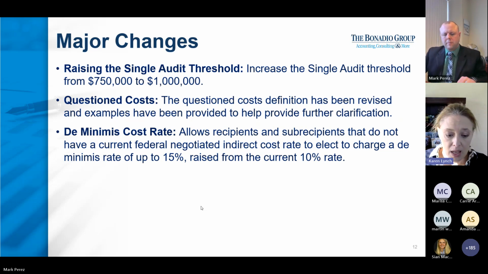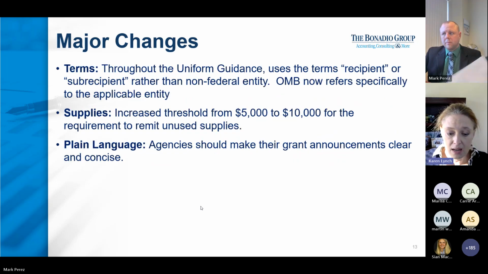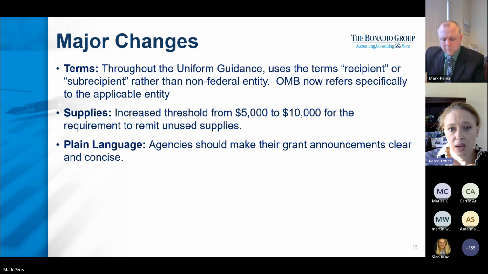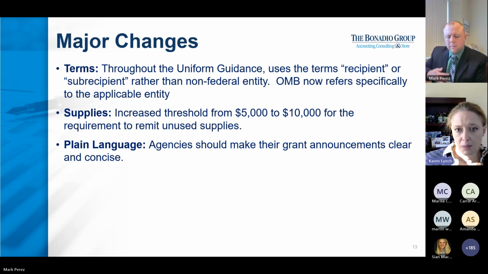And then looking at some terms, again, clarifying between a recipient or a subrecipient. They used to be called a non-federal entity. That was a little confusing, and now it specifically refers to the applicable entity, whether you're the recipient or the subrecipient, subject to the various requirements within the uniform guidance. You'll see this a couple times throughout the presentation. We say here supplies increase the threshold.